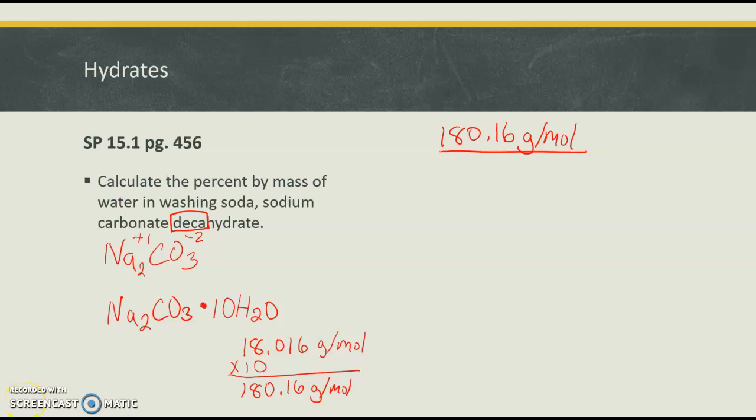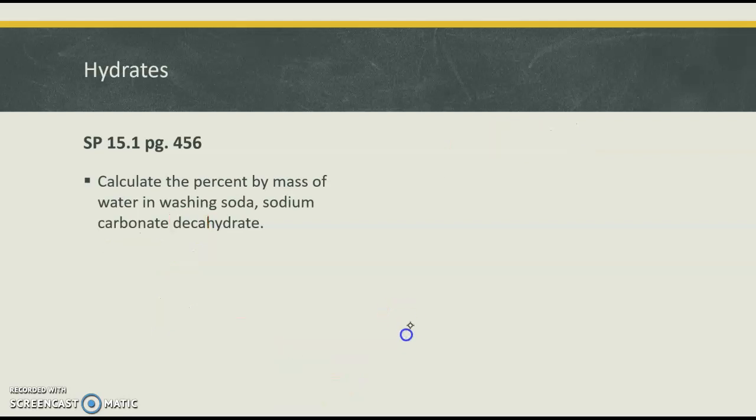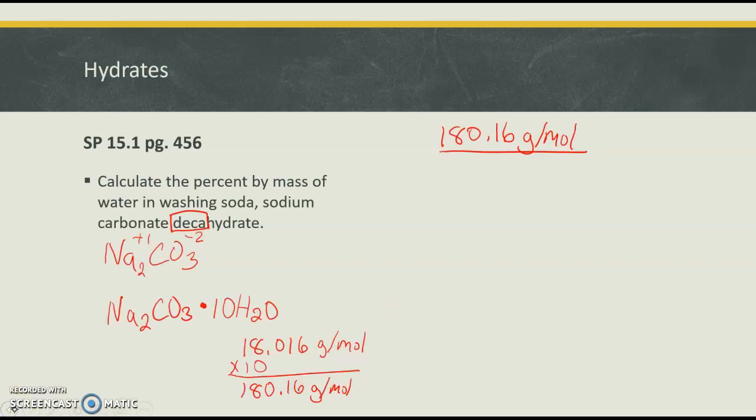Now to find the mass of the sodium carbonate. We simply add together the mass of 2 sodiums, 1 carbon, and 3 oxygens. This will give us 105.99 grams per mole.